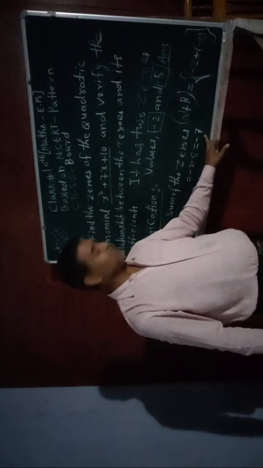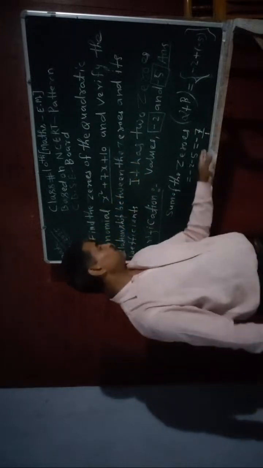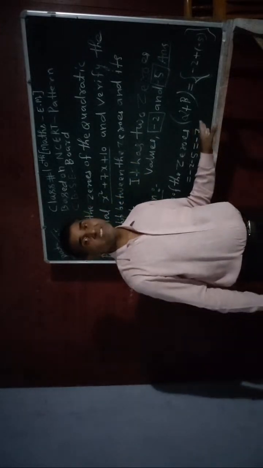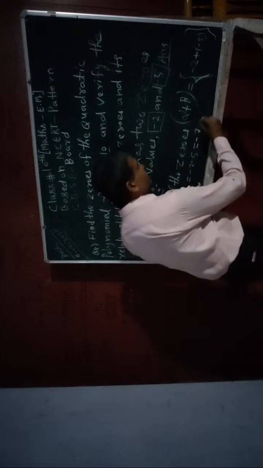Here -7 is available, so in the place of -7 I will put -7 divided by 1. The minus sign I will put here.